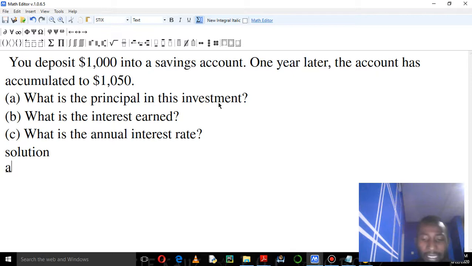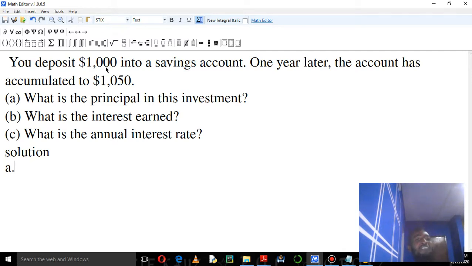Solution to A. We are asked, what is the principal in this investment? We know the principal is the initial amount invested. In your savings account, when you deposit any money, there's additional interest on it as time goes on. So let's consider this as an investment.